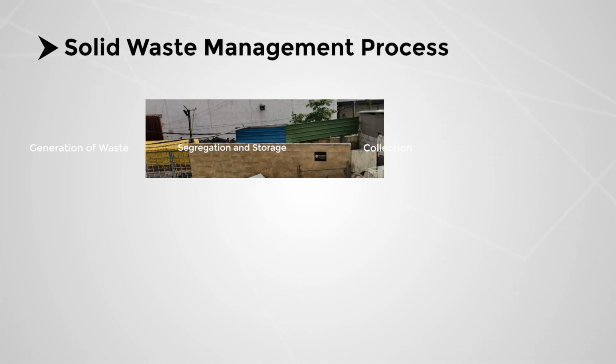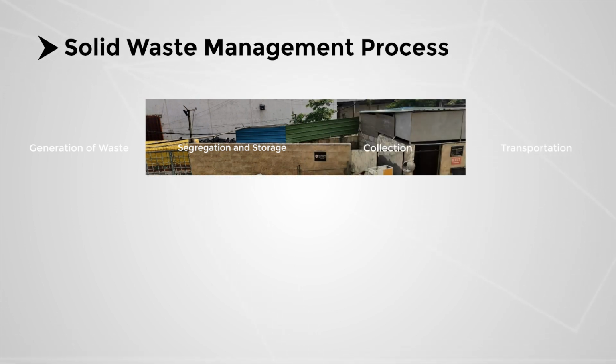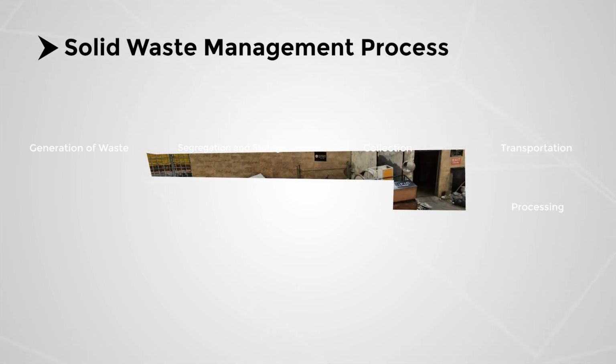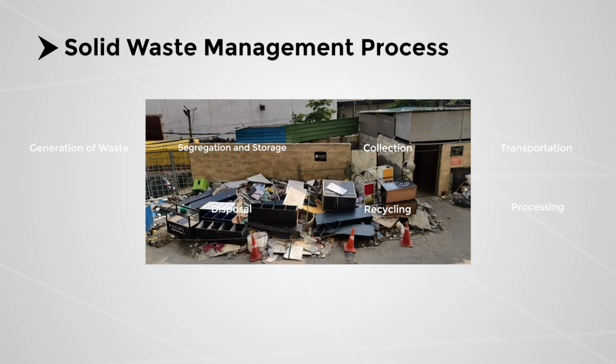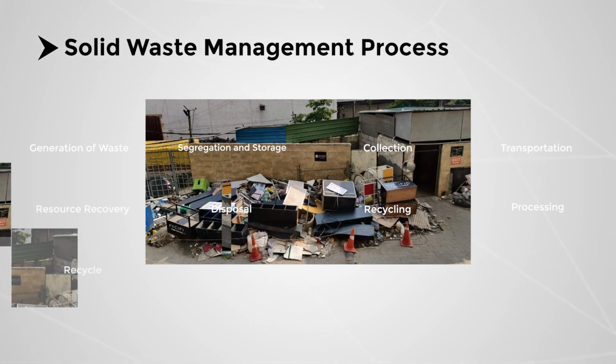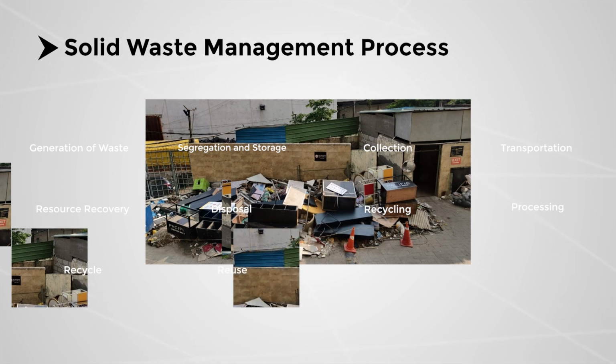After that, collection, transportation, processing, recycling, and disposal. And after the disposal, we can also use resource recovery, recycling, and reusing the waste. So, the solid waste management process goes from generation to management.